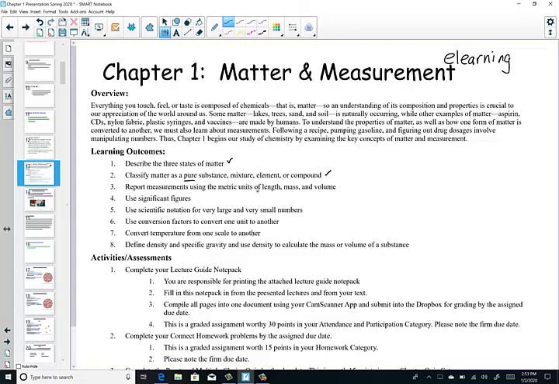We'll report measurements using the metric system. We'll learn the application of significant figures. We will practice using scientific notation and standard notation. We will use conversion factors to convert from one unit to another.